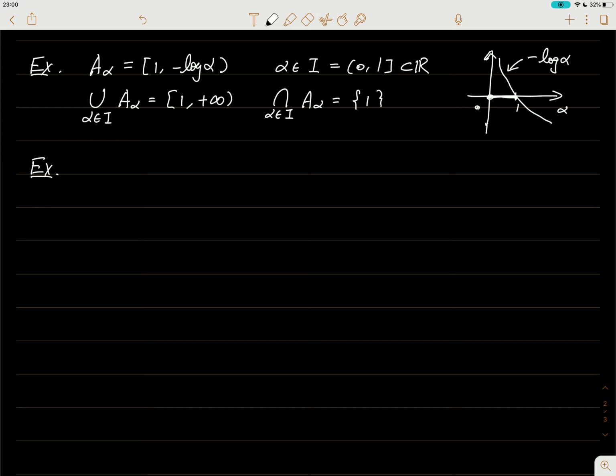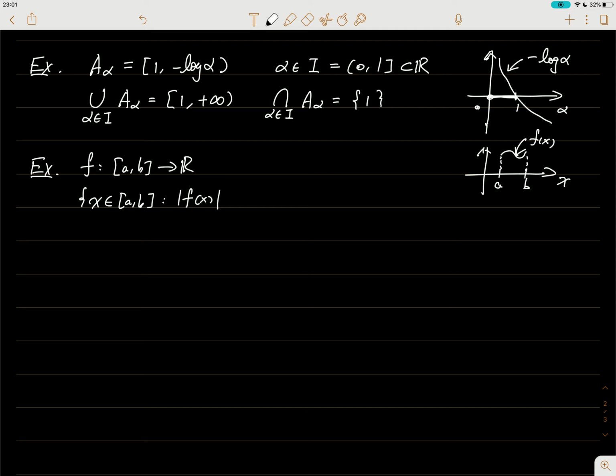So another example is, say I have a function from this interval to R. So what that means is I have this function here. This is the A, this is the B, and then my function is just like this. So here, this is my function f(x). Now consider this set, which are all the points over the interval such that the absolute value of f(x) is bigger than 0.